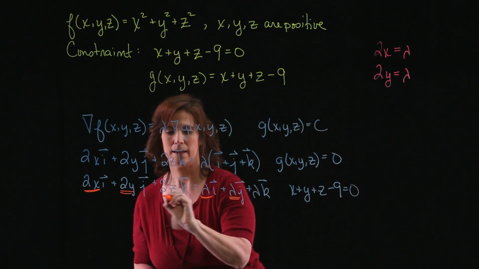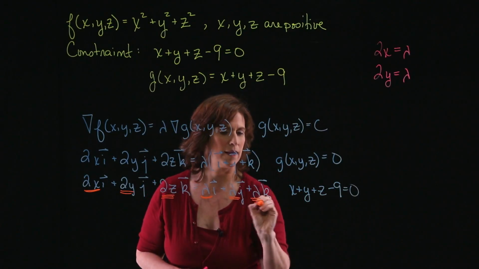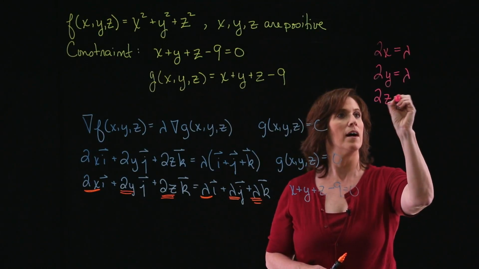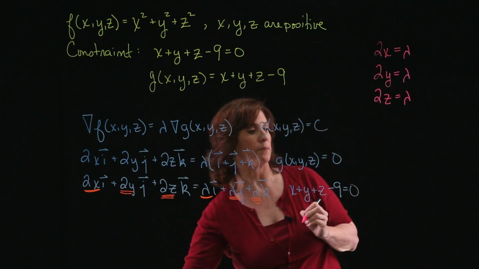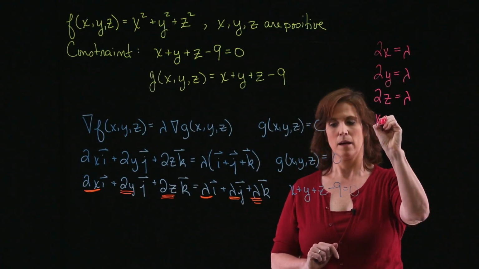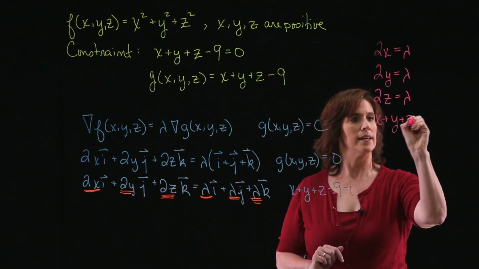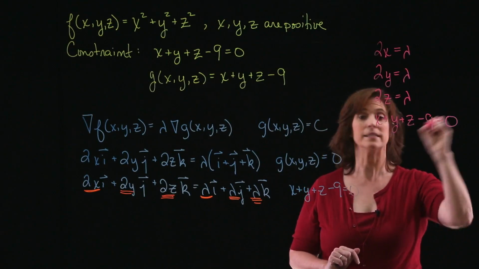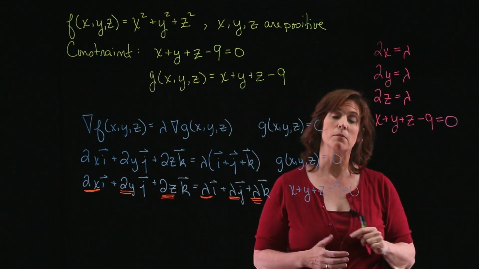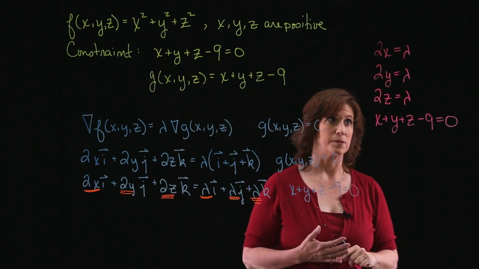And the k components have to be the same. So that means that 2z also has to equal lambda. And I also know that x plus y plus z minus 9 must equal 0. So what I've done is I've created a system of 4 equations with 4 unknowns.